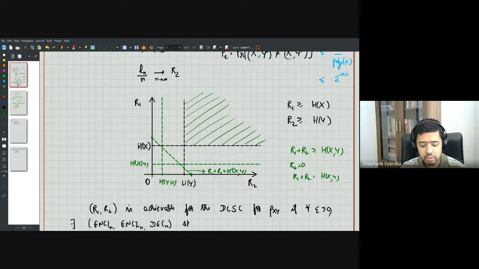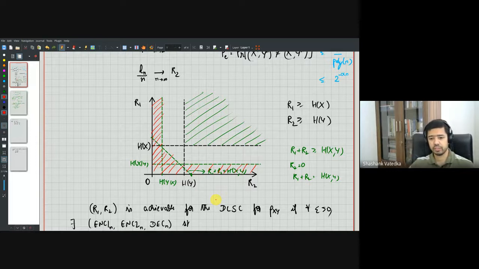So the red region is not achievable. No point in this red region can be achieved. You cannot design encoders and decoders which achieve any point in this particular region. Okay, is that clear?